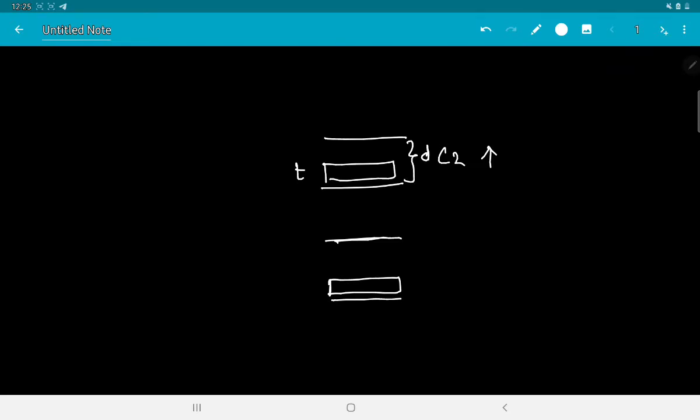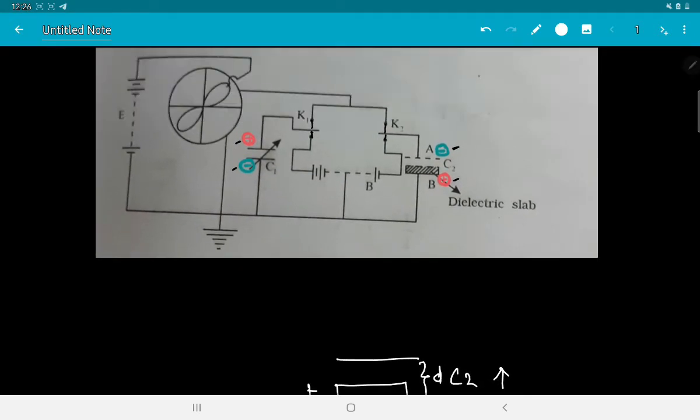Initially the distance was D, now we will make the distance D plus some X such that there is no deflection in this electrometer. That means again C2 and C1 will become equal.